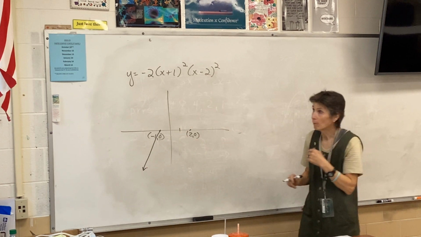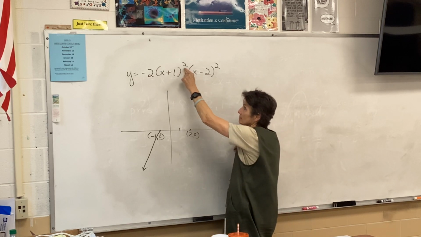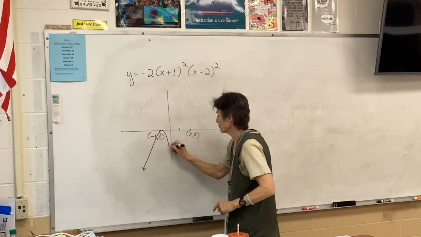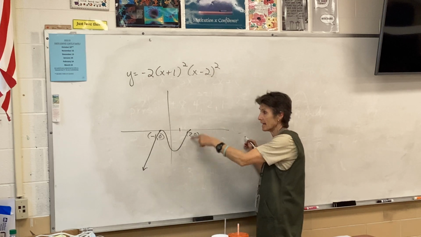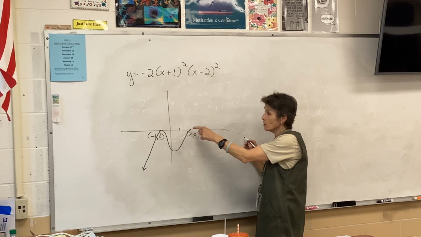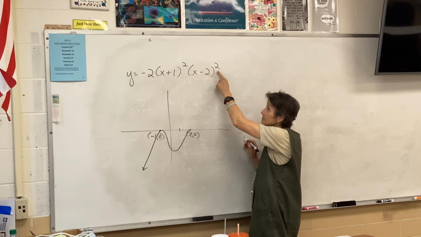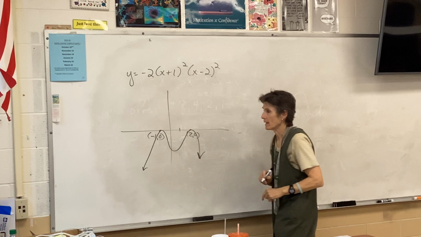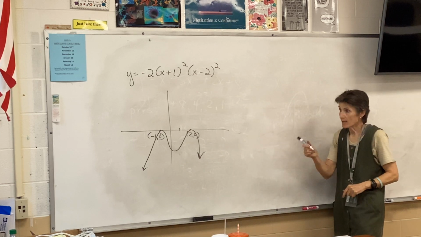When it hits that point, it's going to turn around, bounce off, turn around, and come back down and connect to this one. When it hits that point, it's going to turn around and go back down. So there is a picture.